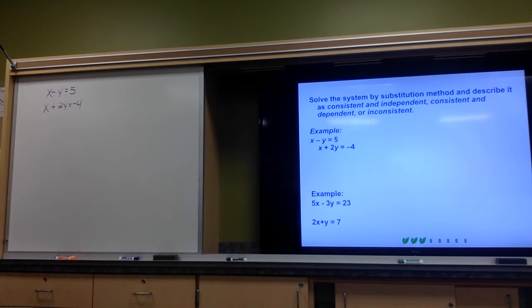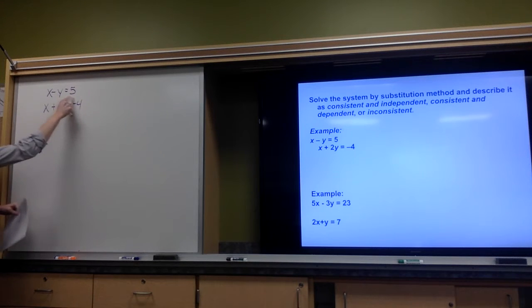Now, just like the name implied, we're going to solve for one of the variables. You want to pick an equation that you feel is going to be easy to work with. I don't want to pick an equation that's going to take me 10 steps to solve for one of the variables. I think the first one's going to be it. It doesn't matter which variable.